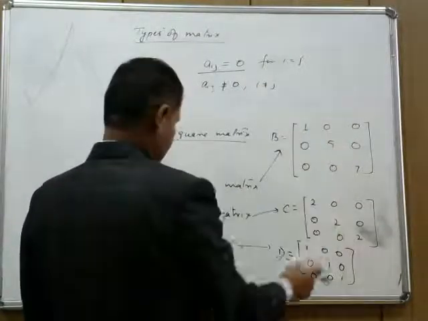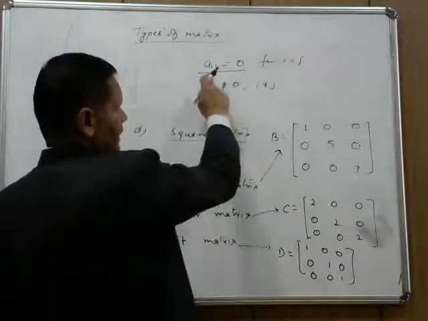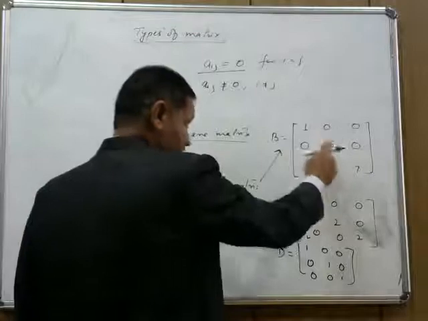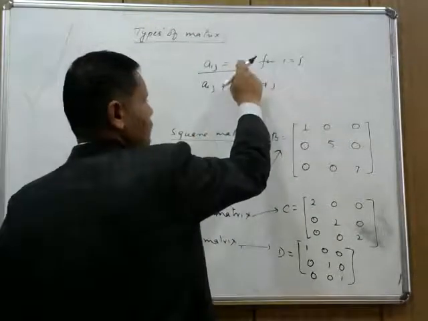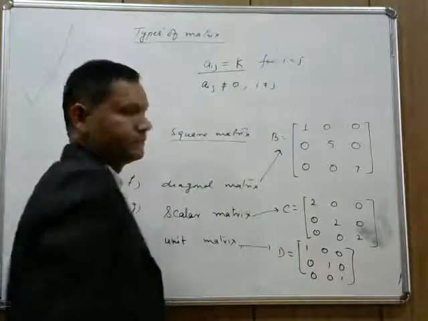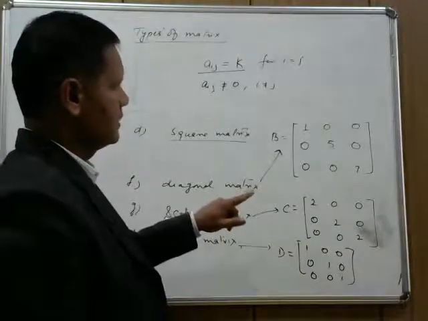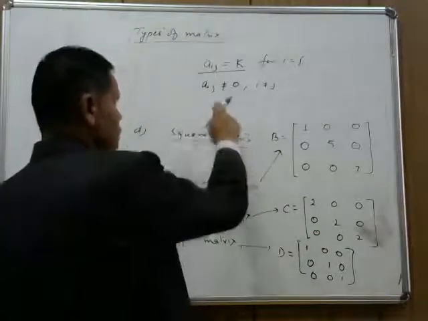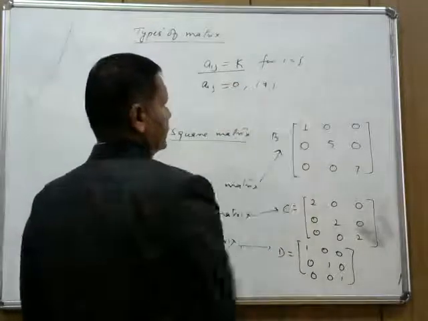If all are 0, it becomes what? A null, zero matrix. Here aij not equal to 0 means it should have some numbers. So aij has some value k for i equal to j, and the rest aij is equal to 0 for i not equal to j.